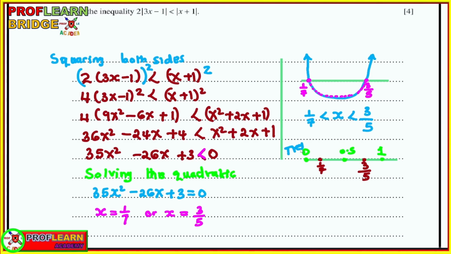But if 0.5 satisfies the inequality, you say the solution is x greater than 1/7 but less than 3/5. Also, if 1 satisfies, you say the solution is x greater than 3/5.